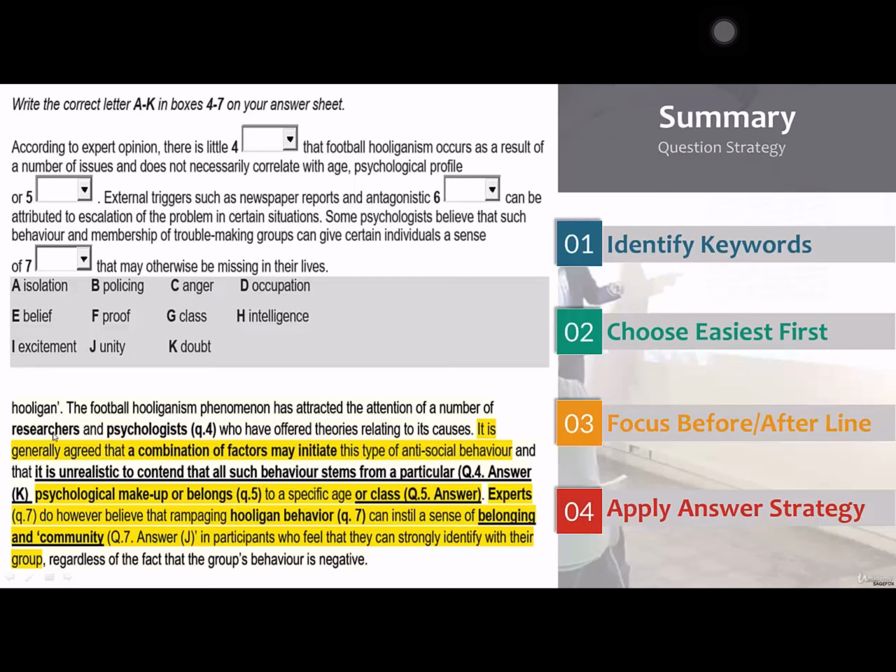Now you see the words researchers and psychologists here. Those are the experts. Synonym language. There is little blank that football hooliganism occurs as a result of a number of issues and does not necessarily correlate with age, psychological profile, or blank.